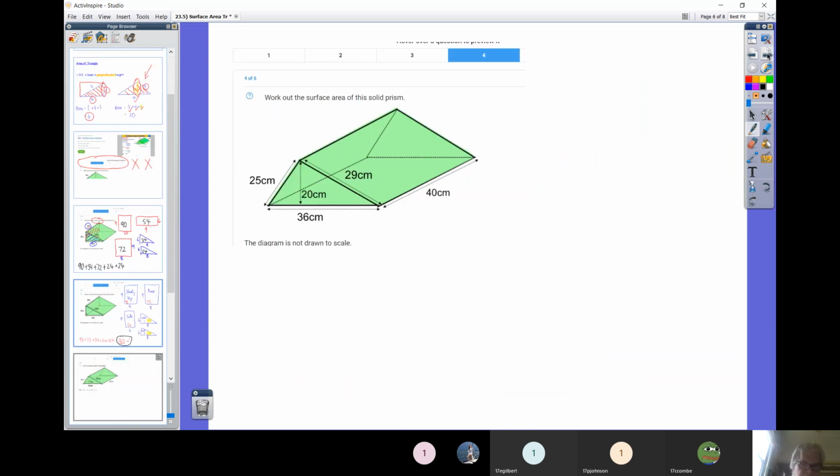Okay, so it's a similar idea here. There's no shortcut. You're just going to have to say we've got 3 rectangles. We've got this face here. That face there has got sides of 29 and 40.